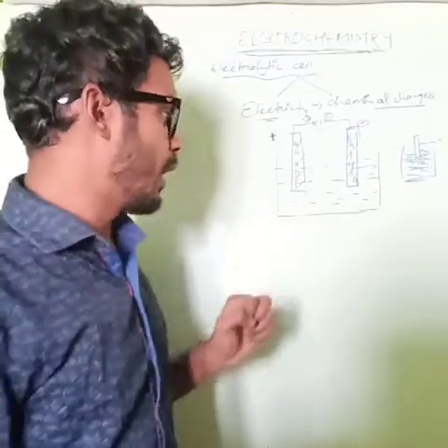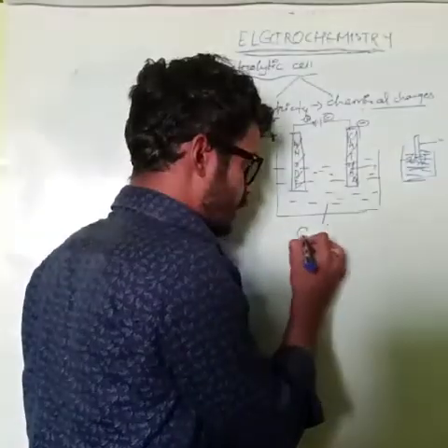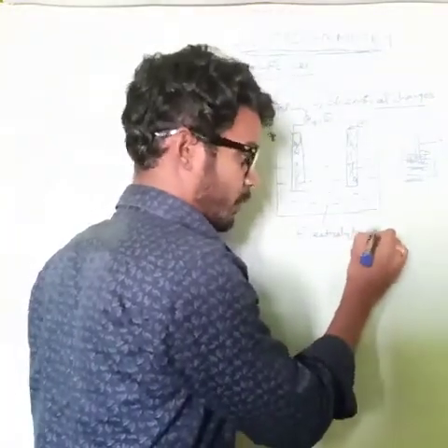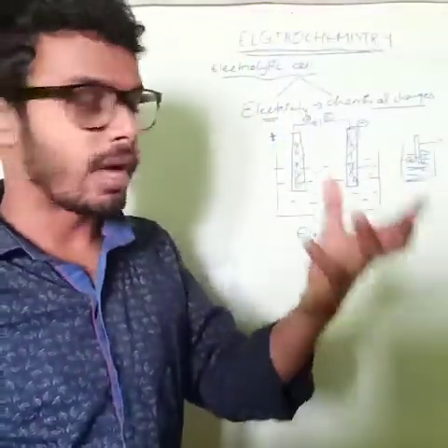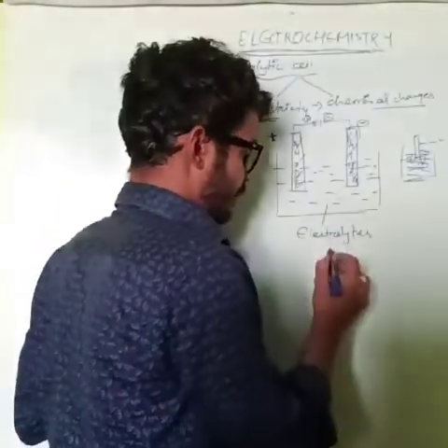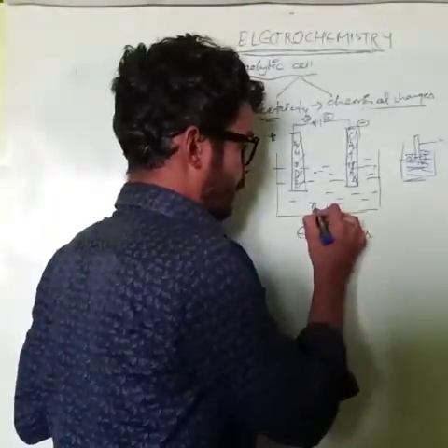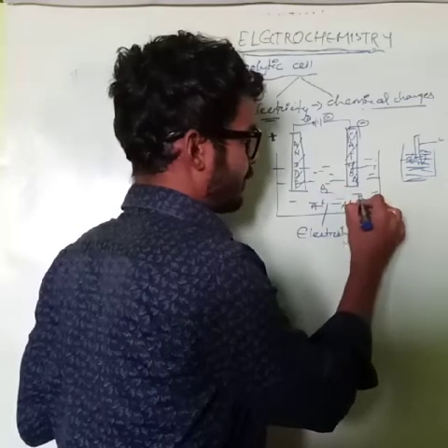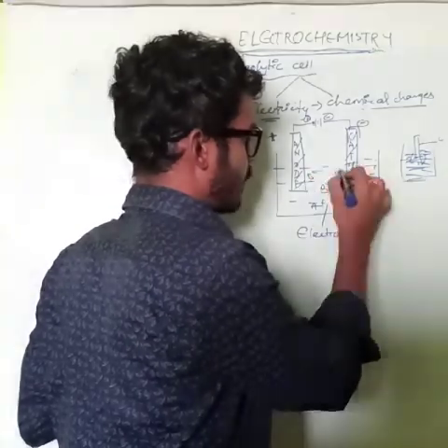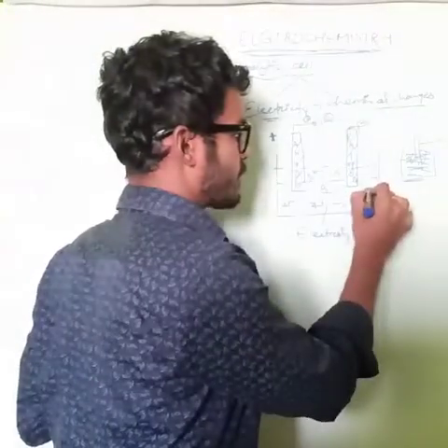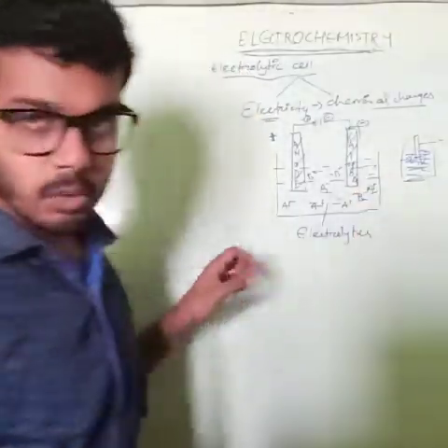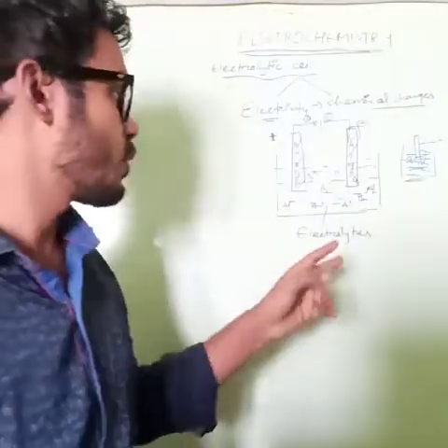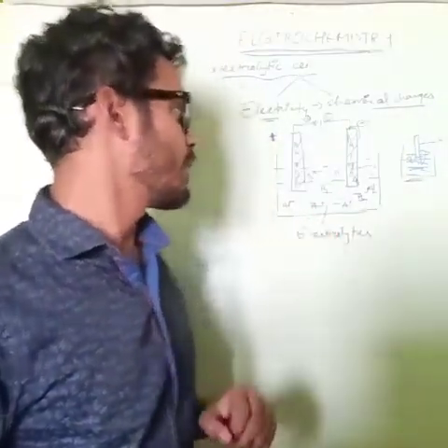The electrolyte then dissociates into ions. Suppose A plus ions and B minus ions are created. When a salt or electrolyte dissociates, it gives two types of ions, positive ions and negative ions.